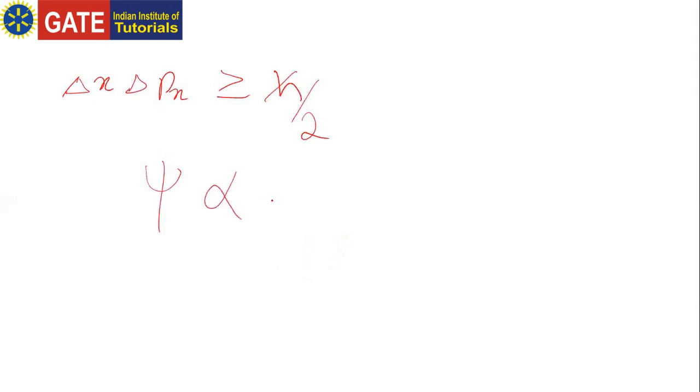Okay, please listen. We got delta x into delta px greater than or equal to h cross by 2. Please write down for a Gaussian wave function. What do we mean by a Gaussian wave function? Psi proportional to e power minus ax square.